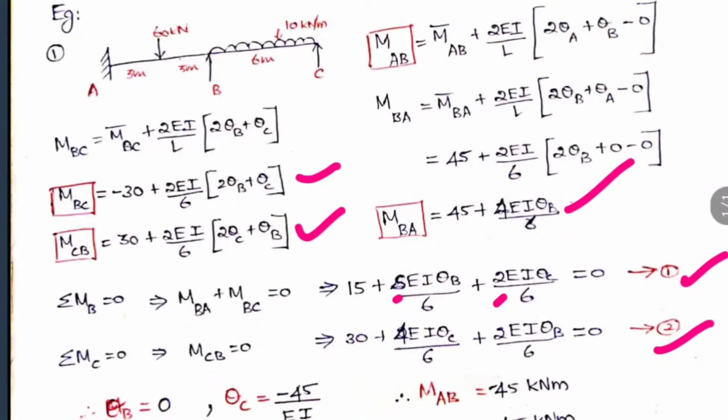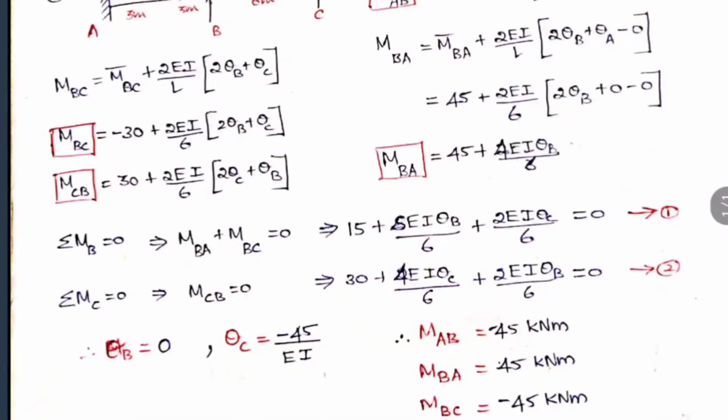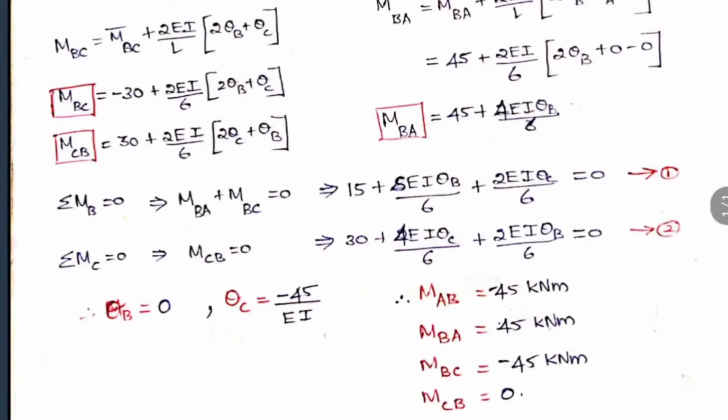You will be getting minus 45 kilonewton meter for MAB, and for MBA you will be getting 45 kilonewton meter, and MBC will be again minus 45 kilonewton meter. MCB will be 0 here, because in CB we have theta B equal to 0, and the next term, theta C, multiplied by 2 EI, gives minus 30. So 30 minus 30 again becomes 0.